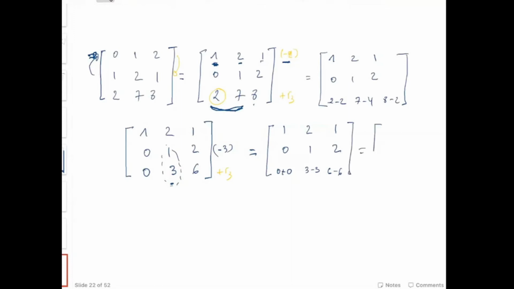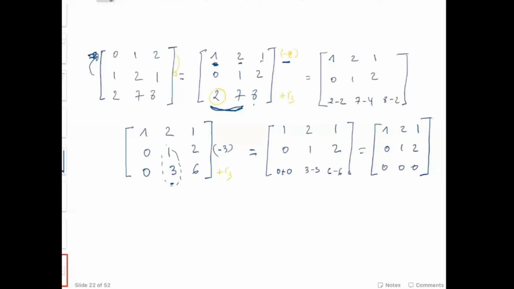Our matrix can be written in row echelon form as 1, 2, 1, 0, 1, 2, 0, 0, 0. So this is the row echelon form.